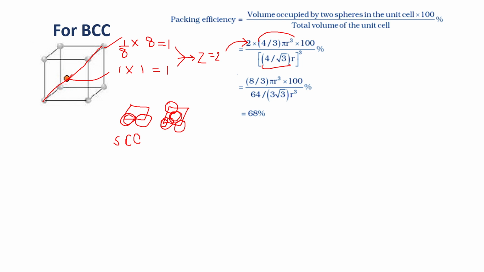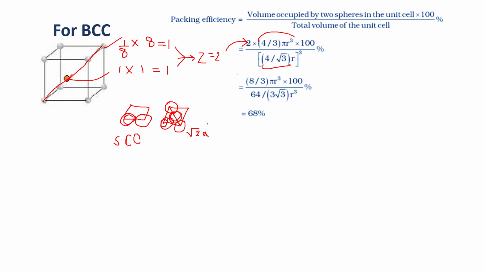That means if we consider only one side of this, this distance is basically equal to the diagonal. For the diagonal of the cube, we know that it is equal to under root 2a, applying the Pythagoras theorem: the hypotenuse square is equal to base square plus height square.